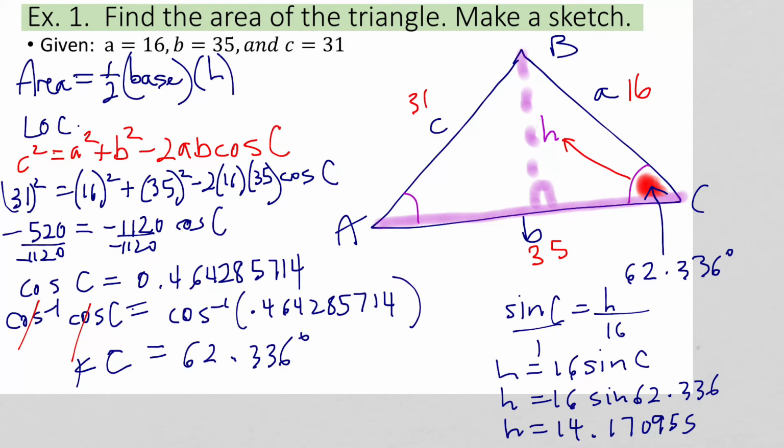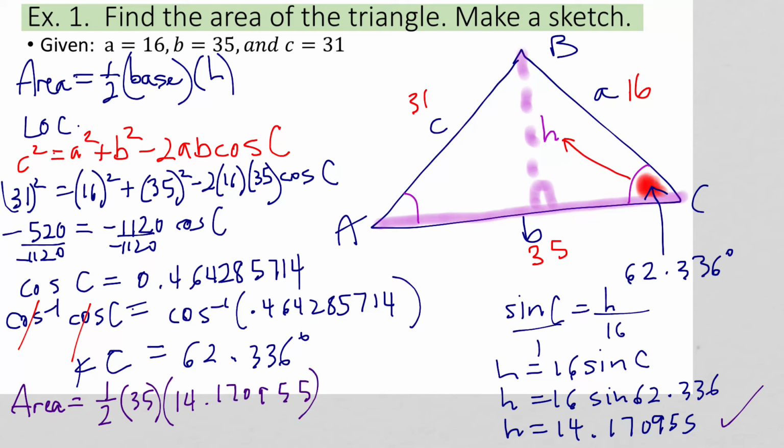So if I want to calculate my area, I can now substitute my h and my base into the area formula. So this is my area formula. So area is equal to 1/2 the base. In my problem, my base, I said, I'm going to use at 35. And then my height is that 14 number that I found down here at the bottom.